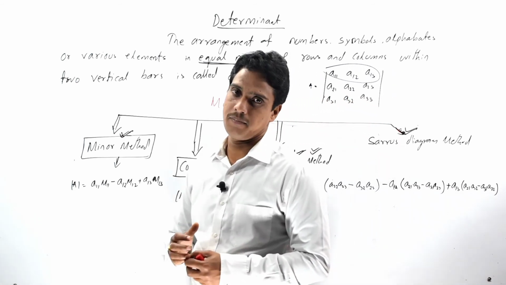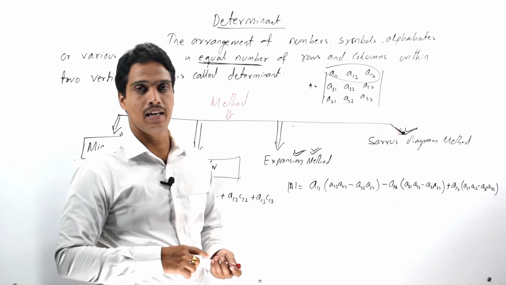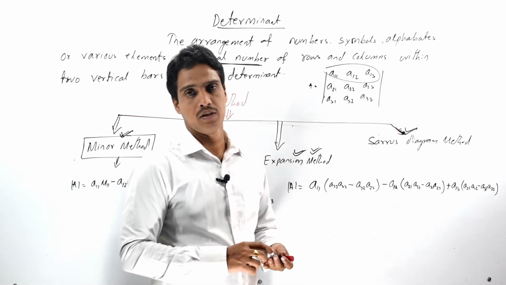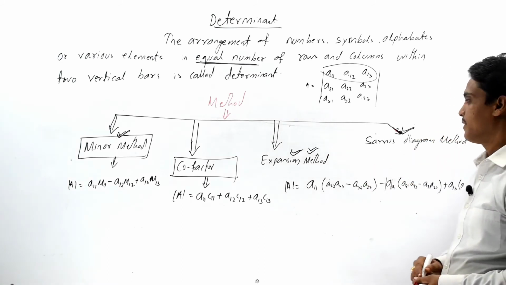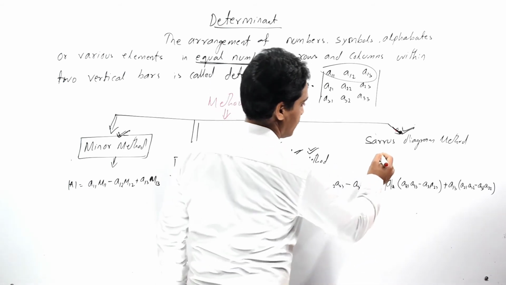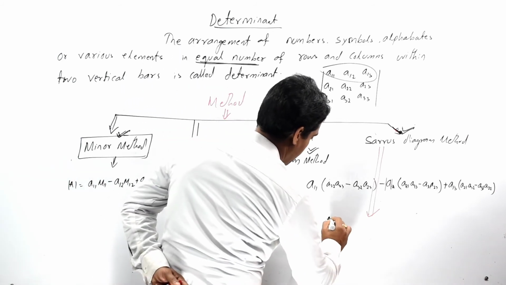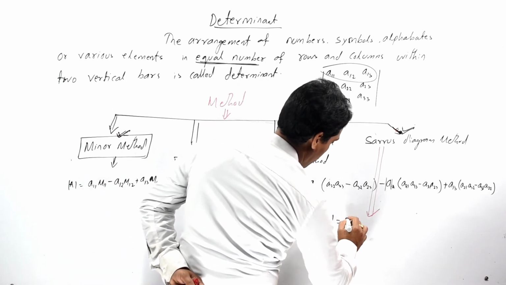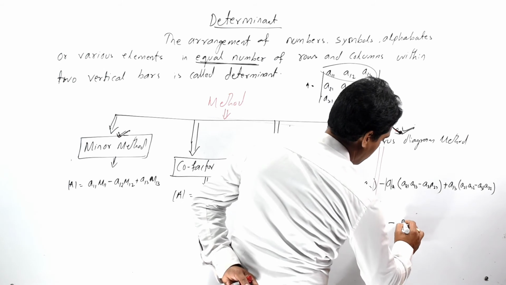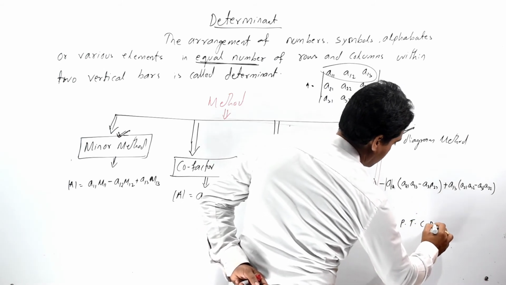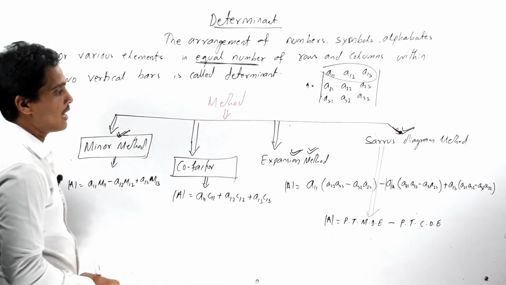And in our fourth step, we should find the difference between the product total of the main diagonal elements and the product total of the cross diagonal elements. So the rule under the Sarrus diagram method is that the determinant value is the product total of main diagonal elements minus the product total of cross diagonal elements.